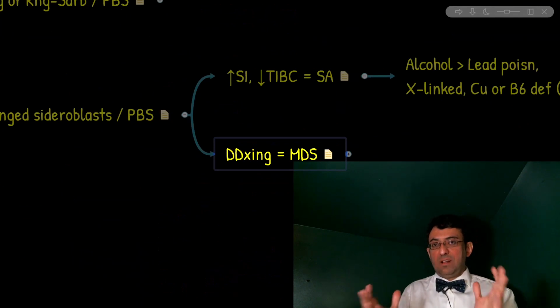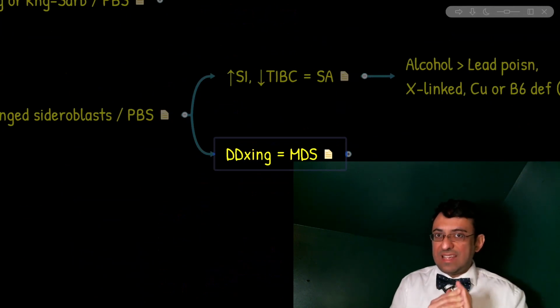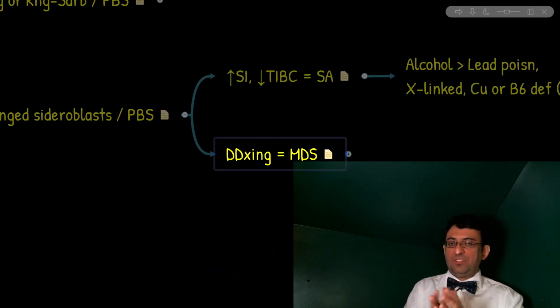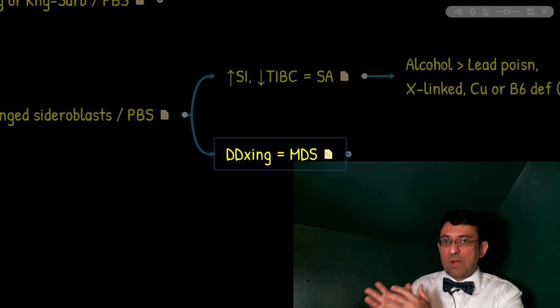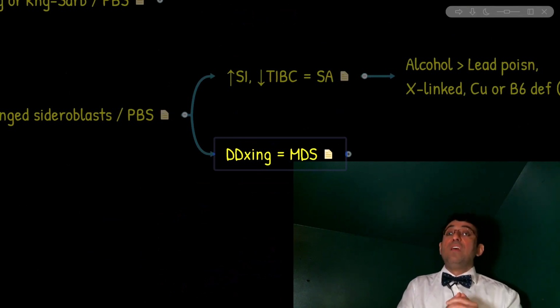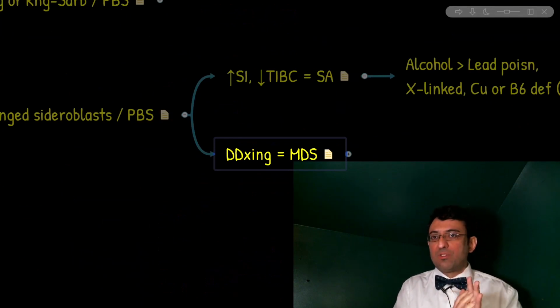Yes, it's possible to have ring sideroblast and basophilic stippling, but not have the microcytic anemia. That's why some references categorize this as a myelodysplastic subtype of sideroblastic anemia that is not microcytic. Because of the presence of macro-ovalocytes, we say it is a type of macrocytic anemia.